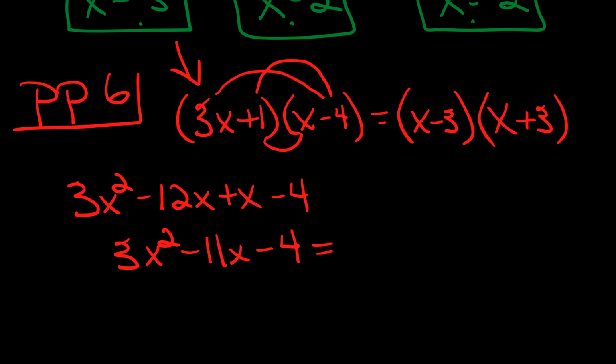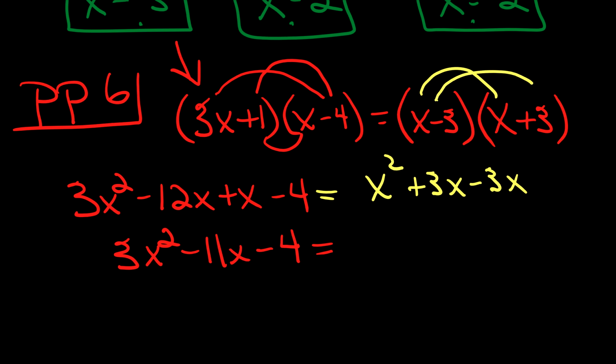So now I'm going to FOIL the right side. And here I'm going to have, let me change colors here, x times x, and that's going to equal x squared. I'll put my equal sign here to separate the two. x squared, outside is plus 3x, inside is -3x, and last is -3 times 3, which is -9.